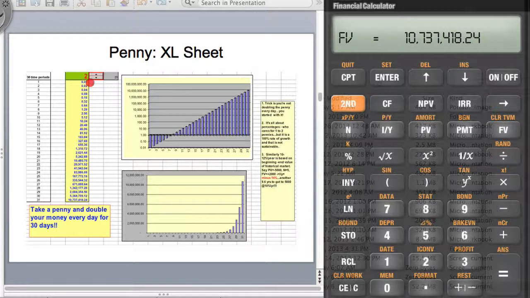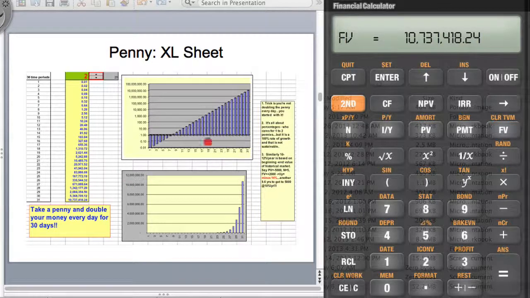And so you can see it goes from 1 cent to 2 cents to 4, 8, 16, 32, and so on and so forth. And we stopped in the previous slide at right around here, about 8,000 plus, and then it goes from there to 10, 20, 40, and 5 million, and then 10 million.